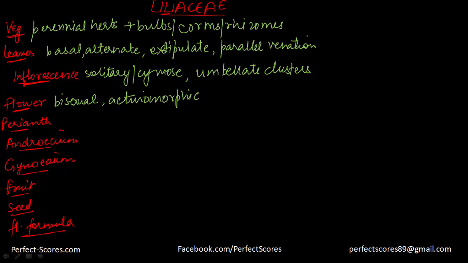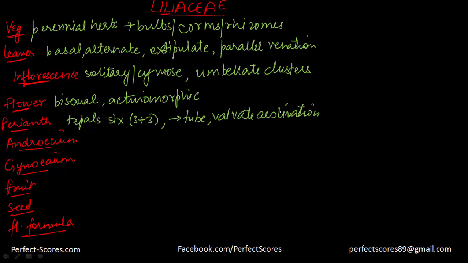And the perianth has 6 tepals. So it's a mixture of the petals and the sepals, tepals, 6 of them. That means 3 plus 3, united to form a tube, and they have valvate estivation. The androecium has 6 stamens, 3 plus 3, epipetalous.